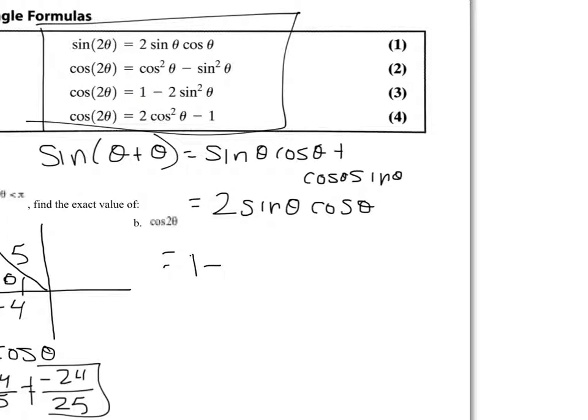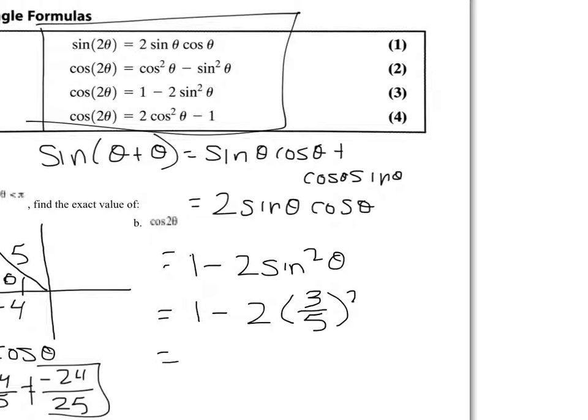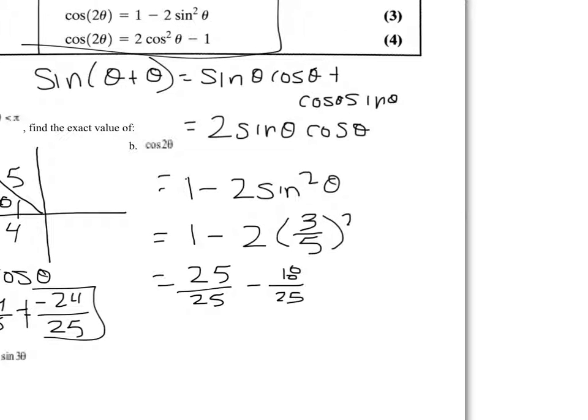So that's 1 minus 2 sine squared theta, which is 1 minus 2 times 3/5 squared. 3/5 squared is 9/25 times 2, which is 18/25. 25 minus 18 is, let's write that out, 25 over 25 minus 18 over 25. So that gives us positive 7 over 25. There's our answer.